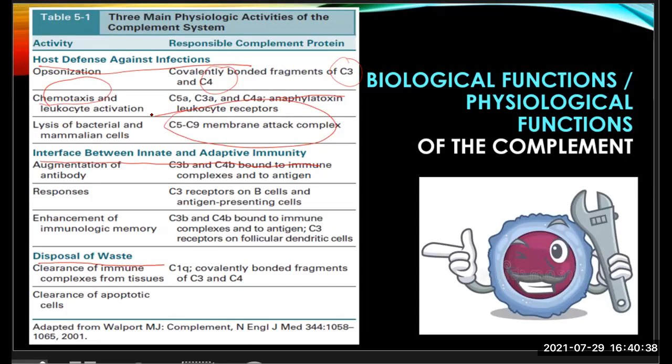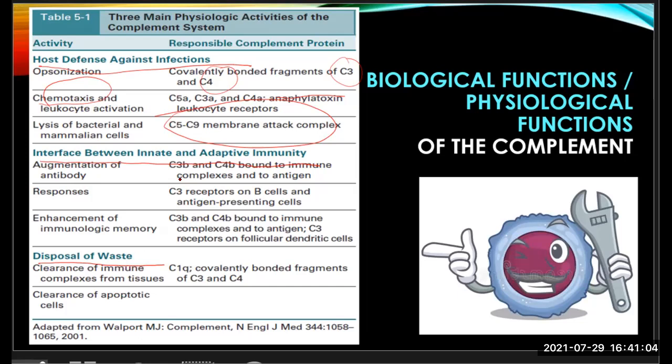However, as I said in the previous slides, the complement also plays roles in efficient antibody immune responses. The augmentation of antibody effects is brought about by C3b and C4b, which are bound to the immune complexes and to the antigen.